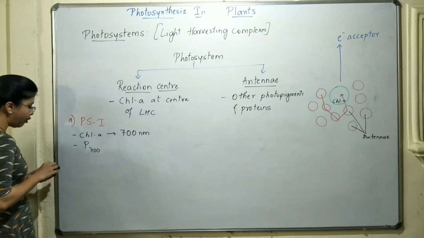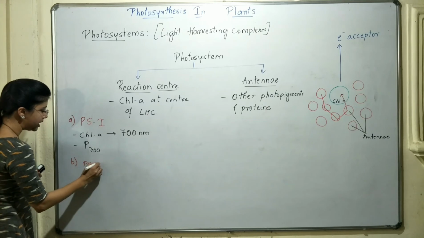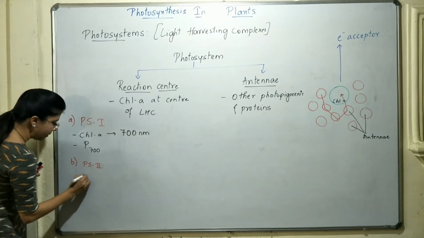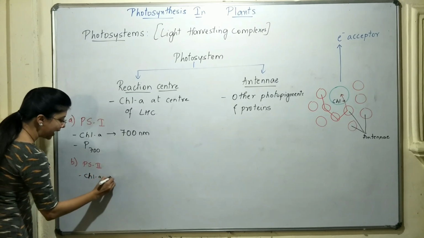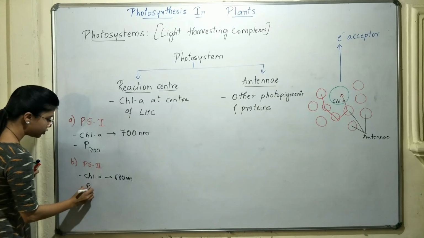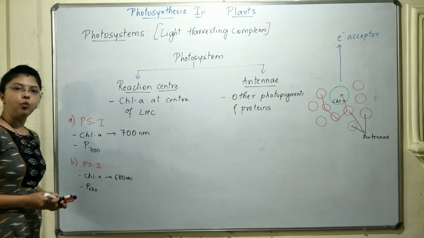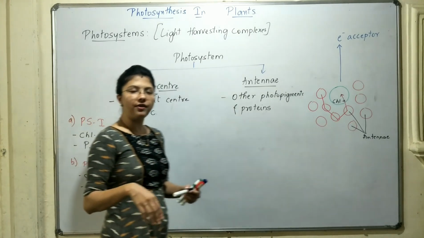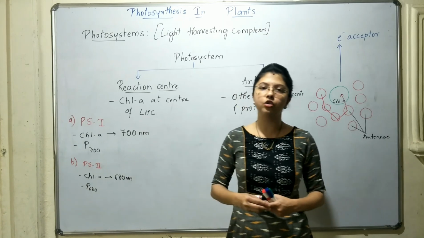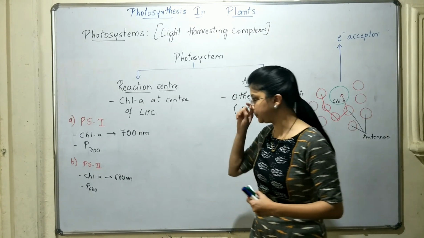The second type of photosystem is called PS2. Here, the chlorophyll A molecule absorbs light of 680 nanometer and hence can also be called P680. Both of these are involved in trapping of light, and depending upon the wavelength they absorb, they will next carry out the process of phosphorylation, that is formation of ATP.